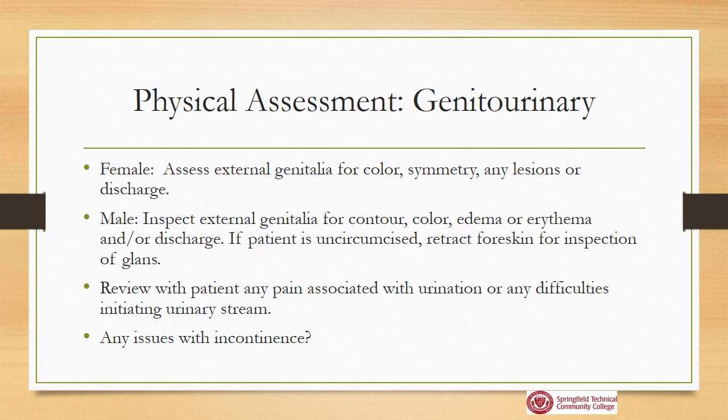So this is something that I always talk about in clinical when you're assessing male genitalia and your patient's uncircumcised. Make sure that you retract the foreskin for your inspection and for hygienic care, and then make sure the foreskin is replaced where it belongs.